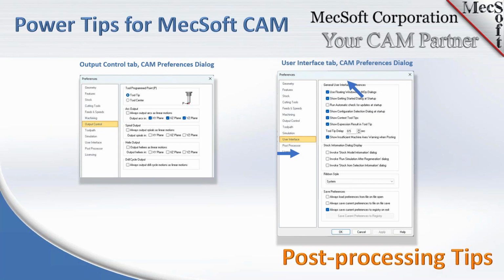It's just one line of code that has all of the information needed to drill that hole. Your machine has a built-in canned cycle that understands the codes. If your machine doesn't, you can convert your drilling to linear motions, straight point-to-point, simulating the same drilling operation using G-code coordinate motions. Over here, we also have some user interface parameters that can affect post-processing, and we'll go over those as well.